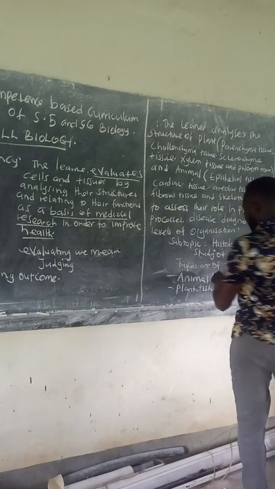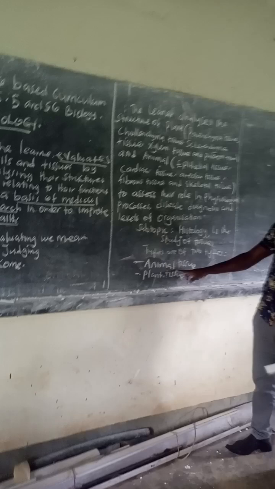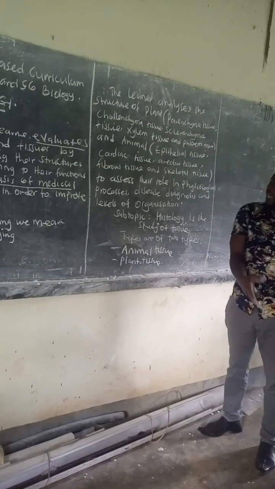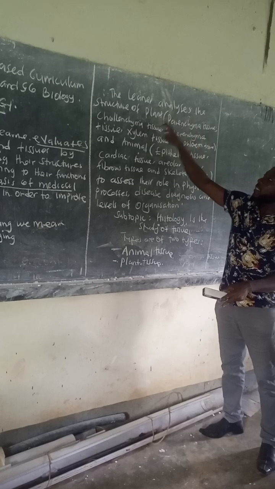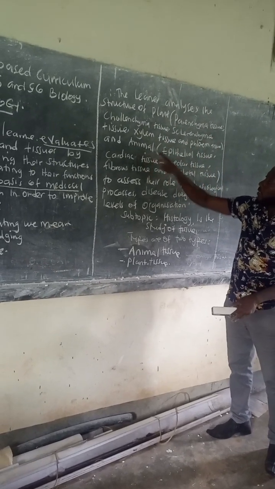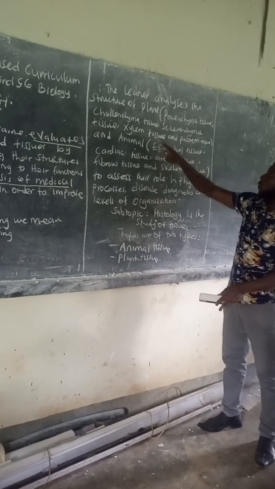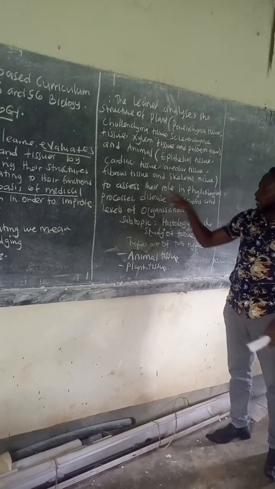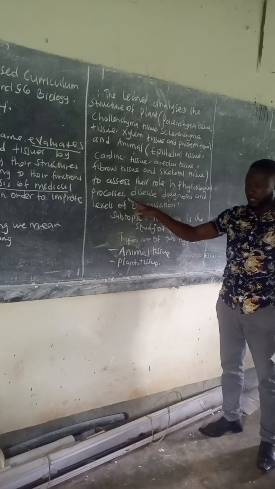As we study this, our aim is to achieve this. As a teacher or as a learner, are you able to analyze the structure of parenchymal tissue? And are you able to analyze the structure of parenchyma, sclerenchyma, epithelial, and to assess their role in physiological processes?